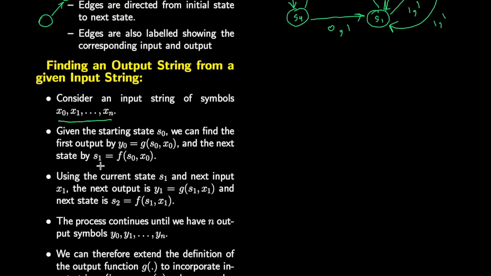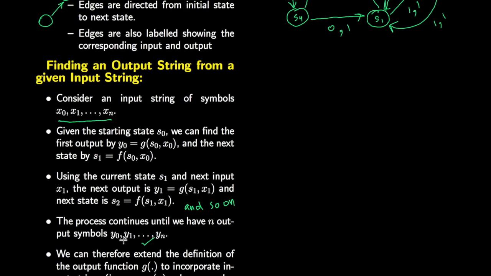And the next state is s1, which is given by the function f that maps to the set S. So f of s0 and x0. Then our current state becomes s1, and my current input becomes x1. So my next output symbol will be g of s1 and x1, and my next state will be s2, which is f of s1 and x1. We can proceed like this and find all our symbols.